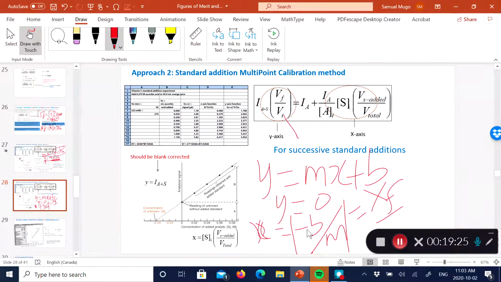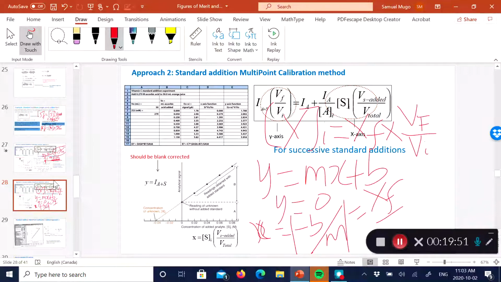And so to get the x initial, which is what you are interested in, the analyte before the dilution, is going to be equal to the x final, which is just this intercept, multiplied by the concentration factor, which is the volume final divided by the volume that you initially had.